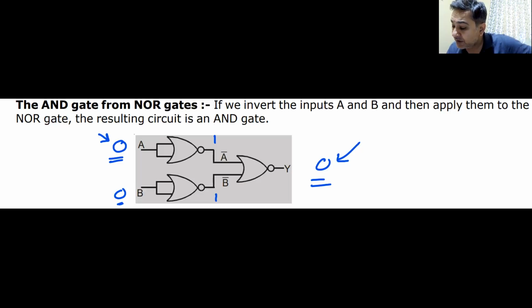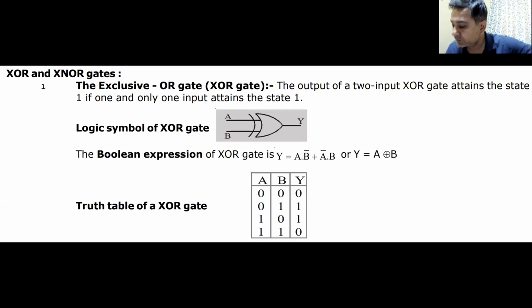Since this is different, we will understand the XOR gate. It might look a bit complicated, but shall we move ahead? Yes, sir. The exclusive OR gate is known as the XOR gate, and the symbol is also very fantastic.